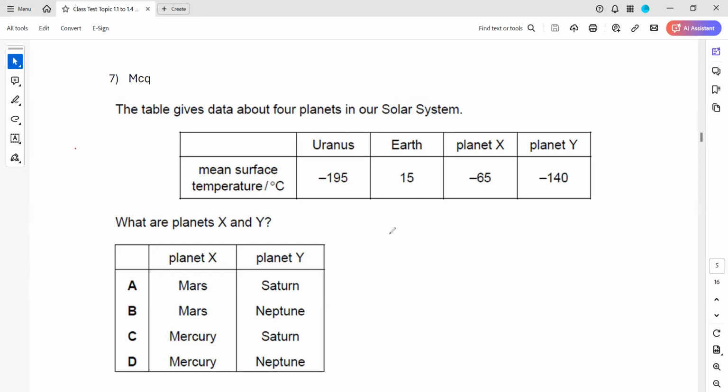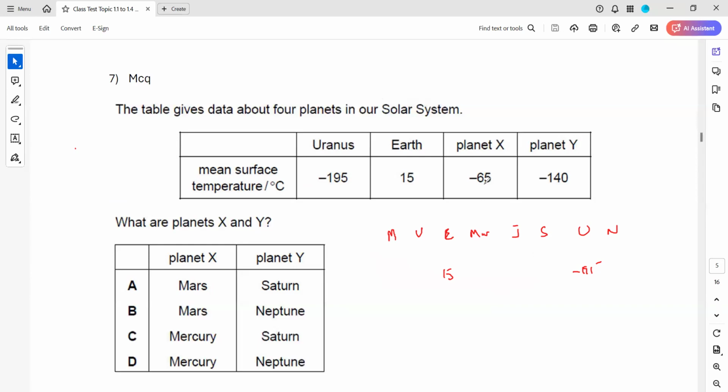The order is Mercury, Venus, Earth, then Mars, Jupiter, Saturn, Uranus, Neptune. So this is the order. The temperature of Earth is given as 15, and the temperature of Uranus is given as minus 195, which means it's cold, a low temperature. So these two planets are given.